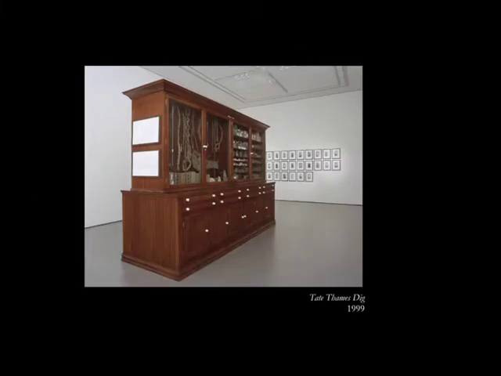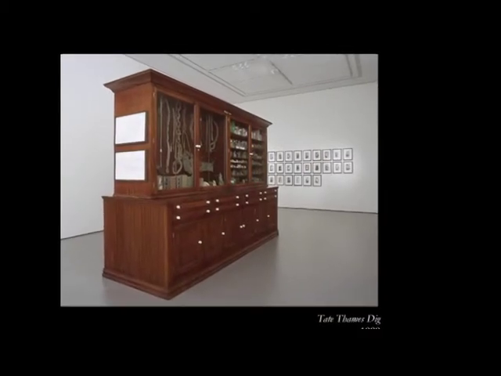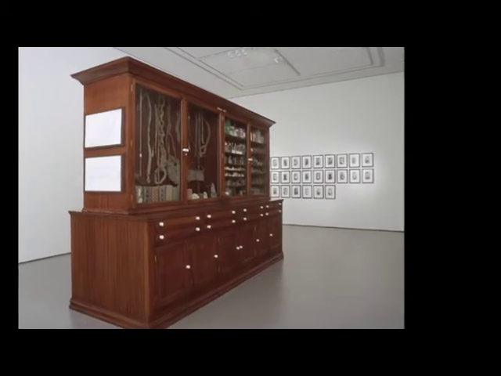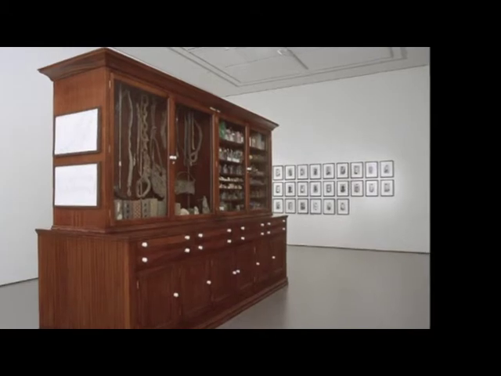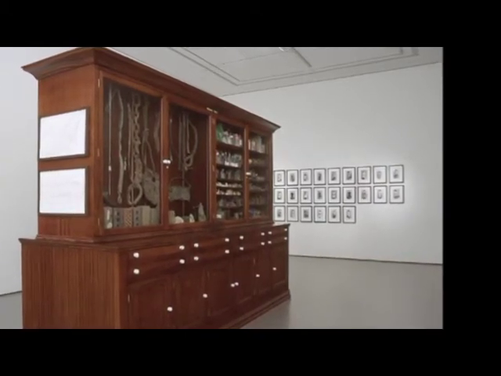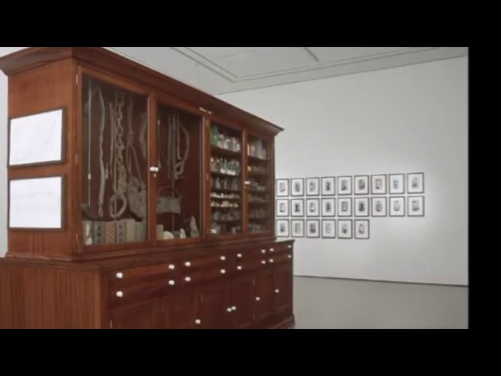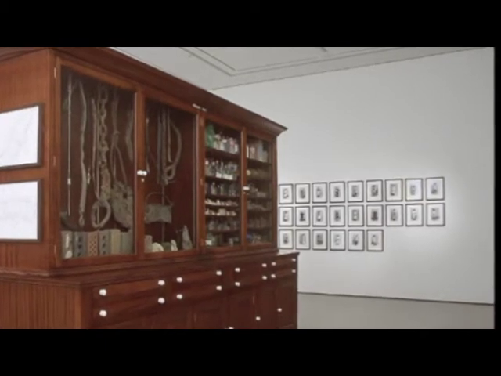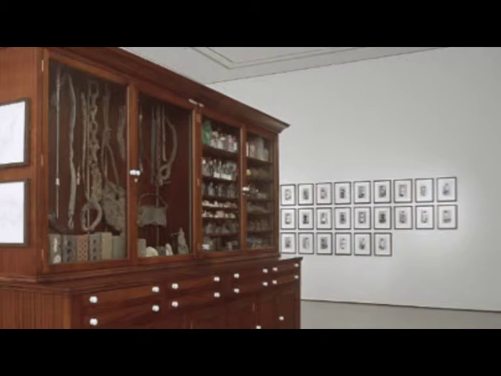He ended up putting them in the Tate, the gallery in London, organized by this taxonomy he created. He had shards of glass, so he had all the shards of glass in one area, all the ropes in another area, all the metal that he found. So he created this system of organization from these found objects, and he put them in these cabinets of curiosities.